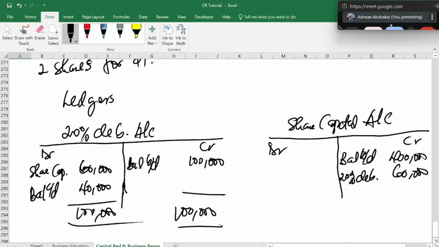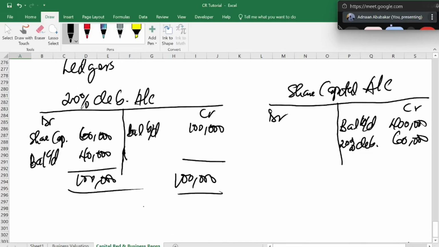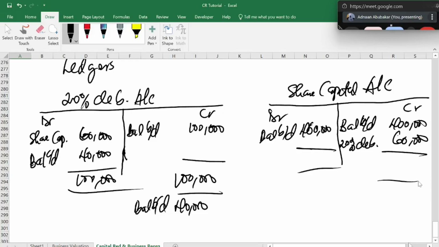So you realize that your new 20% debenture balance brought down is 40,000. And here, when you add this, your balance brought down will be 460,000. And you close the account like that.